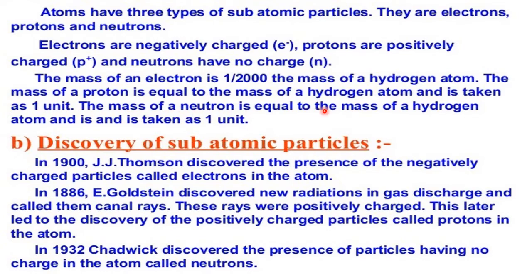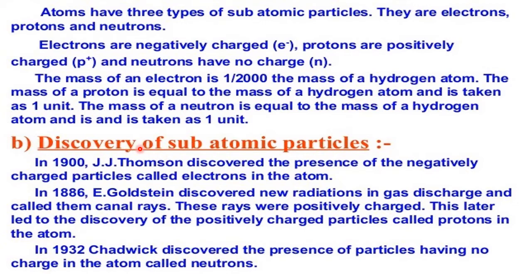The mass of a neutron is equal to the mass of hydrogen atom and it is taken as 1 unit. So protons and neutrons have the same mass as hydrogen atom, but electron has 1 by 2000, very less mass compared to protons or neutrons.